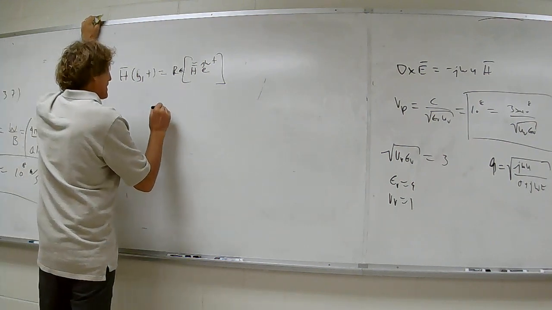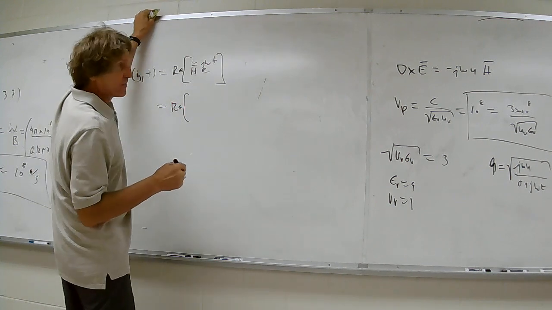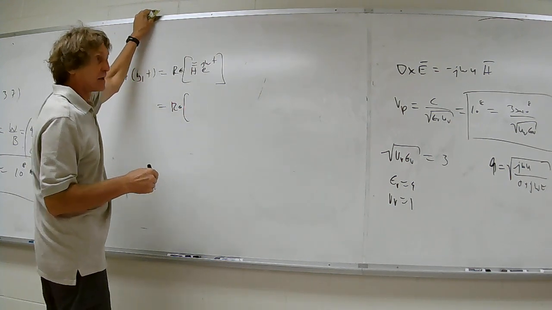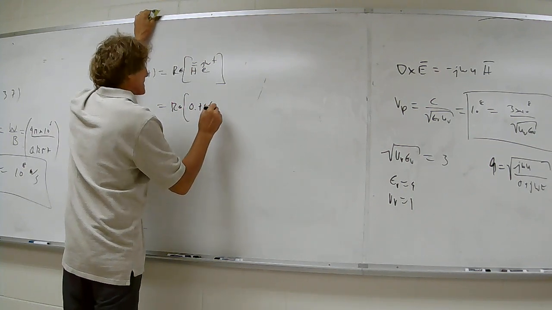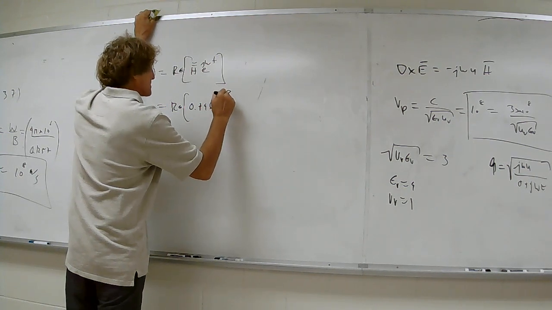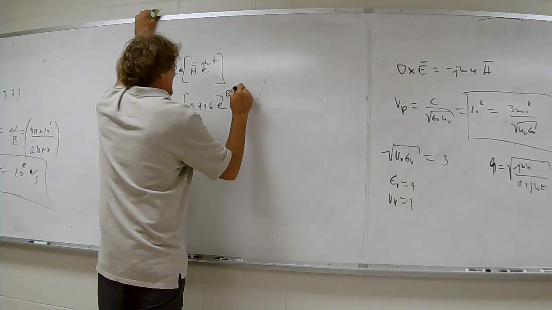So here I have the real part. H itself was 100 over 40 pi, so tell me what that is. 0.796. Thank you. And then it's going to be e to the minus j beta y, times e to the j omega t.